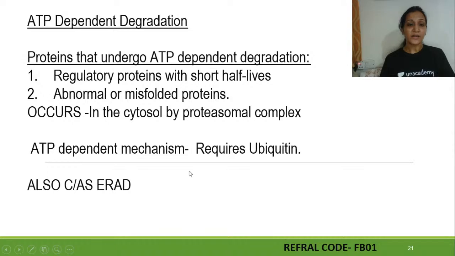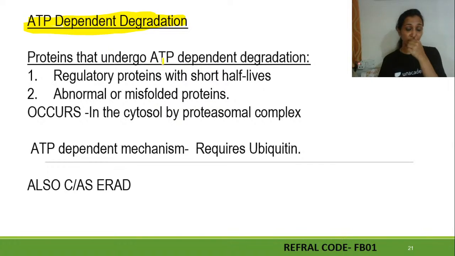Then another thing that we need to see is ATP dependent degradation. It happens with the help of ATP, at the expenditure of ATP. What kind of proteins undergo ATP dependent degradation? They are the regulatory proteins with short half-lives.